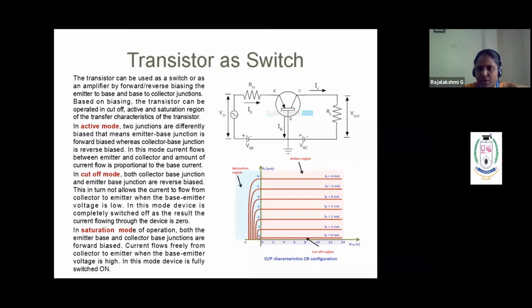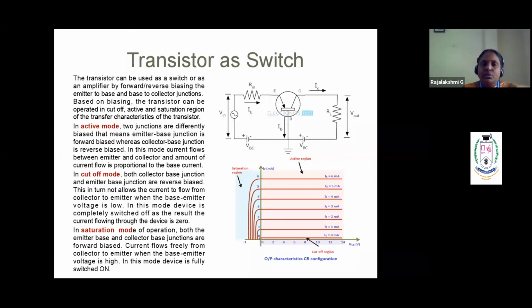When you keep on increasing the reverse bias voltage, you note down the collector current by making the emitter current 0, 1, 2, like that. After it reaches the saturation point, the current becomes constant. That region is called the active region, right?